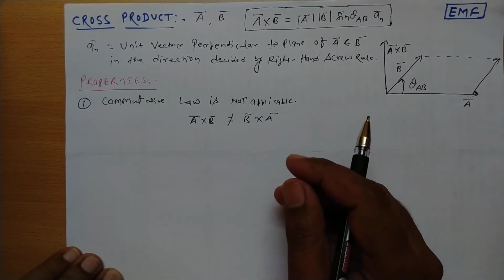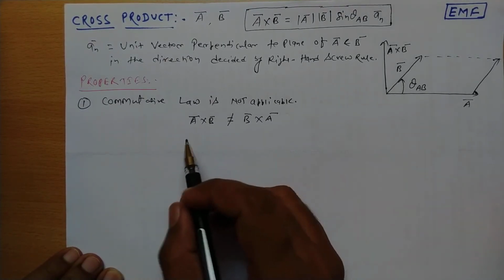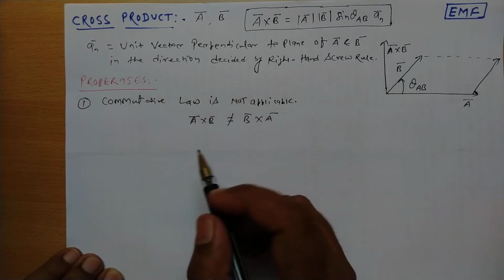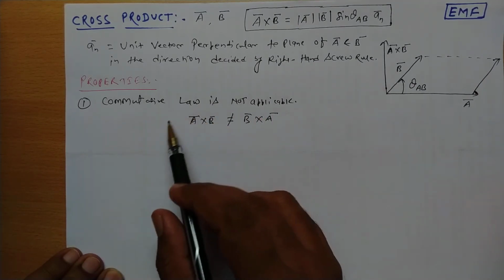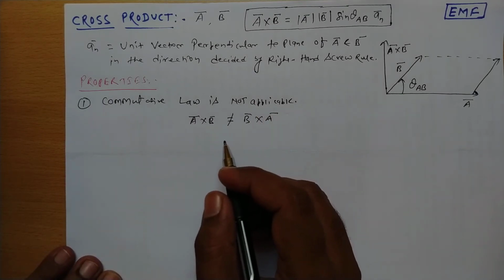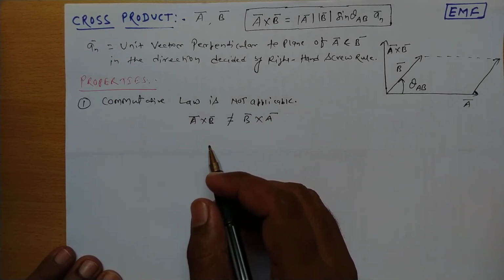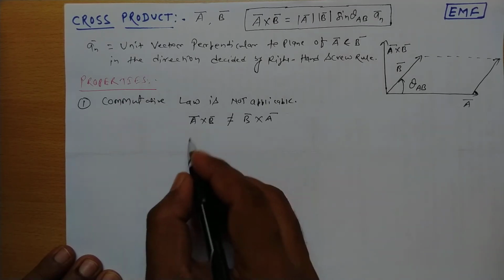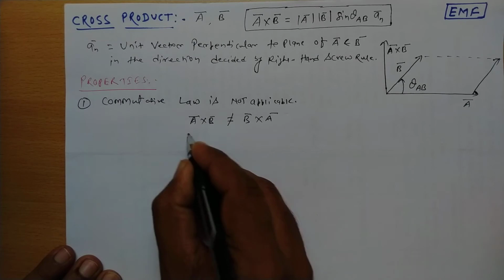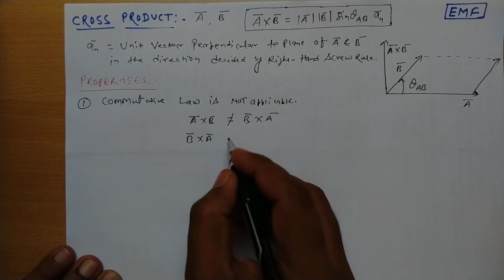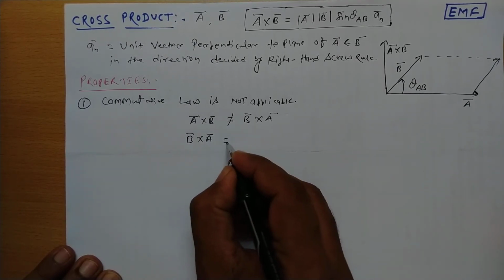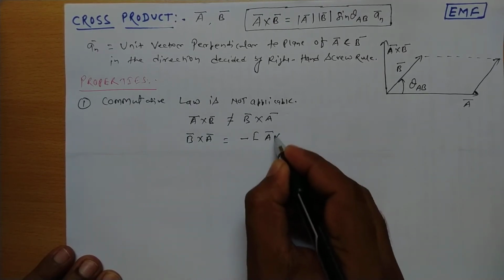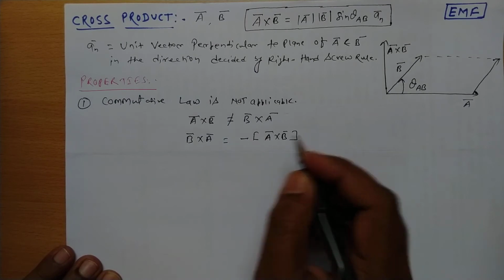As we have seen in the case of the dot product, A dot B is equal to B dot A, so the commutative law is applicable for the dot product, but this law is not applicable for the cross product. It's very, very important, right? And also we can write in this fashion that B cross A is equal to minus A cross B.